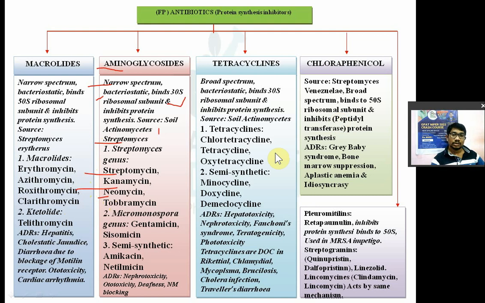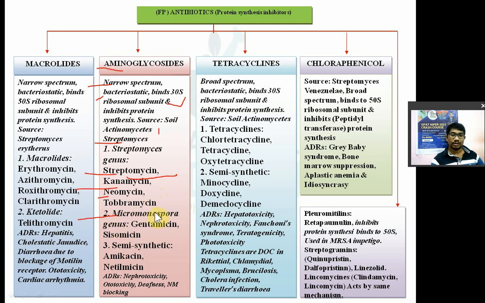Now those derived from the Micromonospora genus are known as the micins. तो जो Streptomyces genus से मिलता है, उनके end में क्या होगा? Mycin होगा. You can see here, MYCIN. So streptomycin, kanamycin, neomycin, tobramycin.